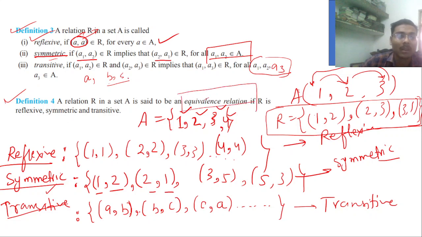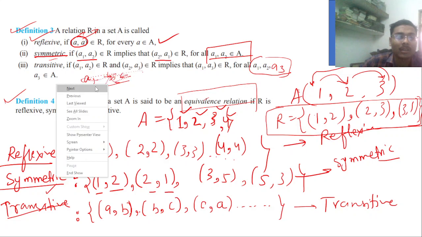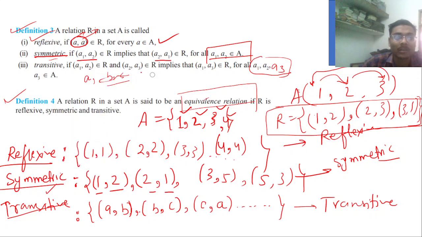An equivalence relation will have all 3 definitions. If a relation is symmetric, transitive and reflexive, all 3, then it will be an equivalence relation. So for a relation to be equivalence, it must be symmetric, reflexive and transitive.